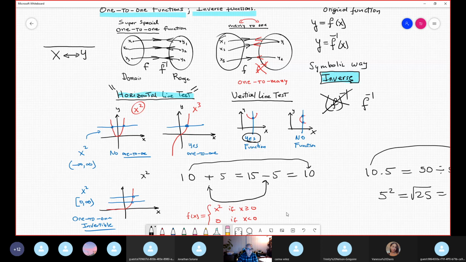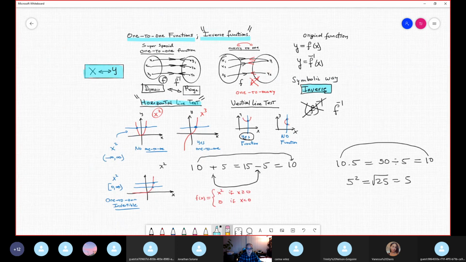In other words, the domain you suppose at the beginning of the original f function and the range you suppose. Now you interchange. Now my range is the domain of the inverse function, and the domain is the range of the inverse function. So you interchange x and y. This is the most important thing. Let's see an example, Mr. Holmes. I promise you will understand very well now. Okay?